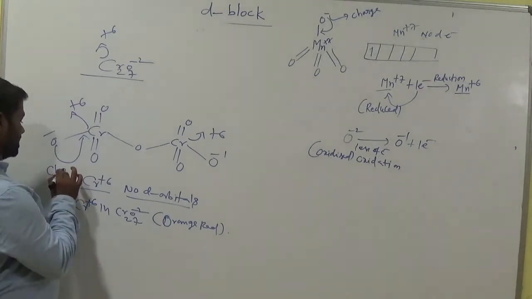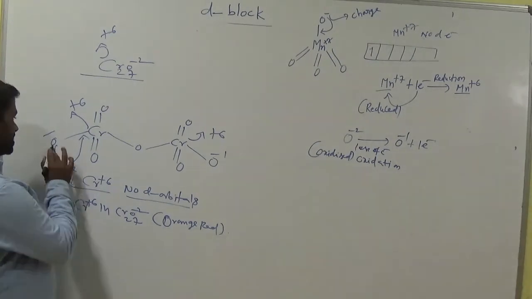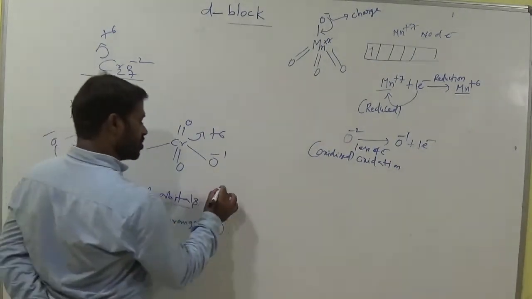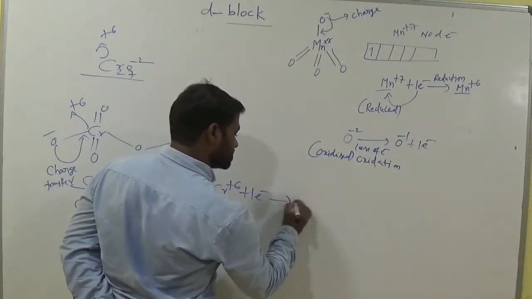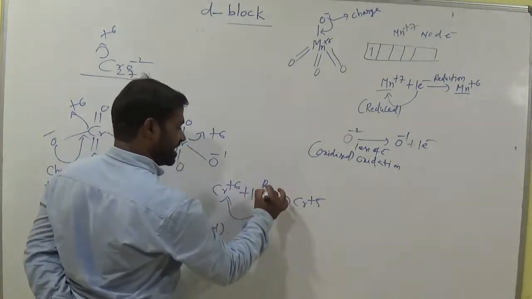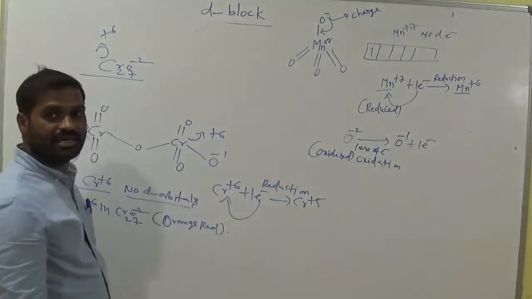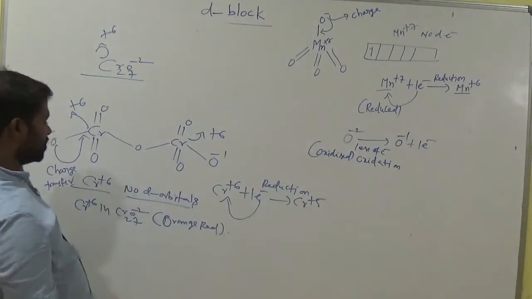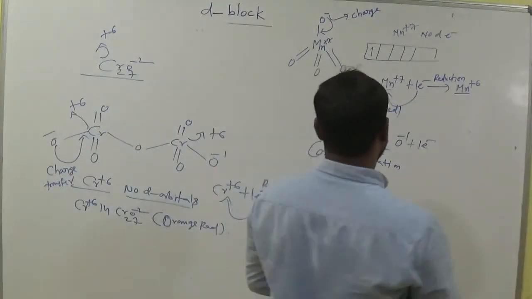Same reason: charge transfer. That means chromium plus 6 gains 1 electron from oxygen. It becomes Cr plus 5. Gaining of electron, reduction. Clear? So it shows orange color due to the charge transfer. Charge means electron charge.